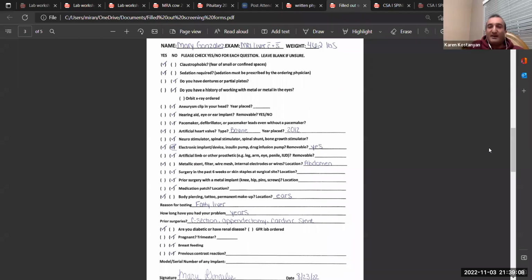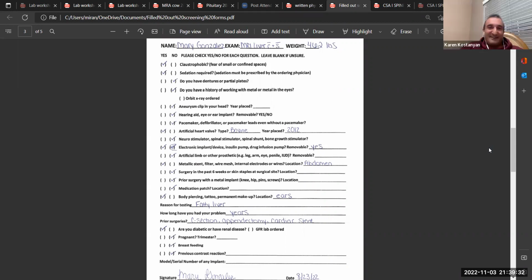They removed it, I'm sure. No, I didn't remove it. I'm telling you, I had this same exam of my abdomen and they did not remove my insulin pump. It means they just turned it off. No, I didn't turn it off.